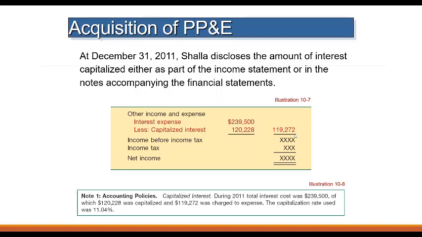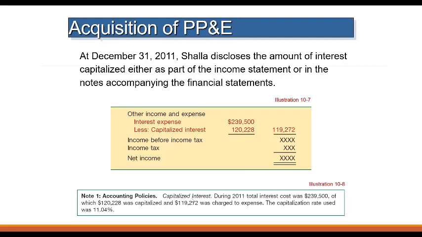So the net is 119,272. This part of the interest will be deducted in the income statement. And we have to have a note to explain under accounting policies how we reached the 119.